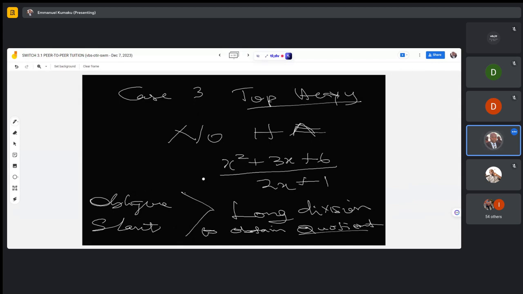You divide this by this. Assuming when you divide, the result is x plus 1. That's what you got as the result of your division. Forget about the remainder that you get here. It's not necessary. We are after the quotient. So that will mean your oblique or slant asymptote will be x plus 1. Let's take note of that.